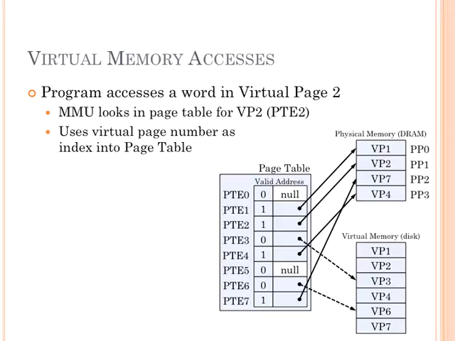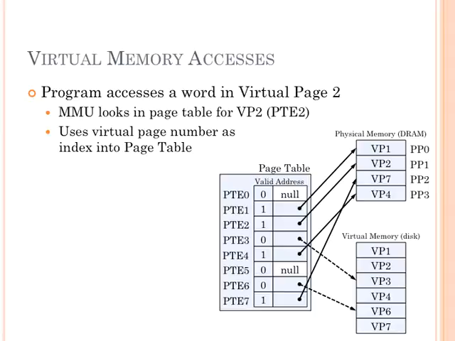So if the program accesses a word in page 2, how do we know it's in page 2? Well, we throw away the offset bits and we look at the virtual page number in the address. So it's really simple. You're all familiar with that from assignment 5. Assignment 5 was hopefully straightforward in that way. But we can use that as an index into our page table and we say, hey, PTE 2, yay, the valid bit is 1.